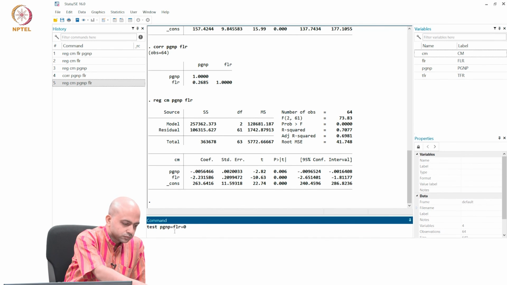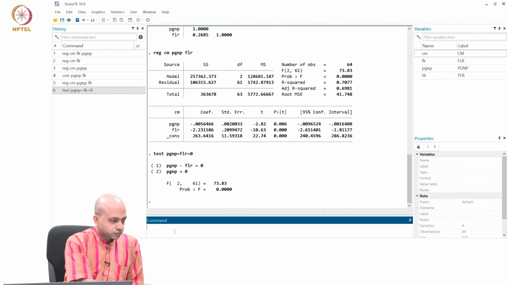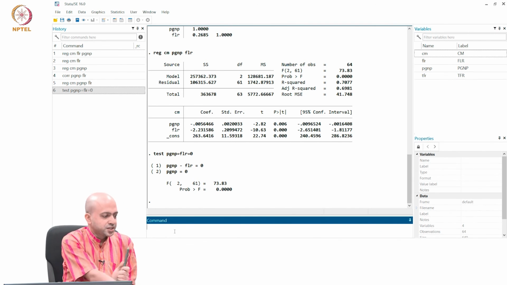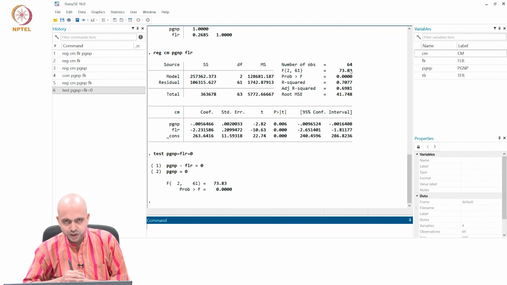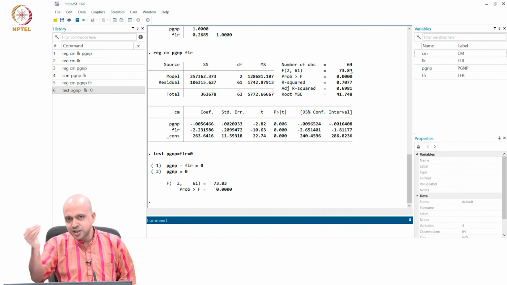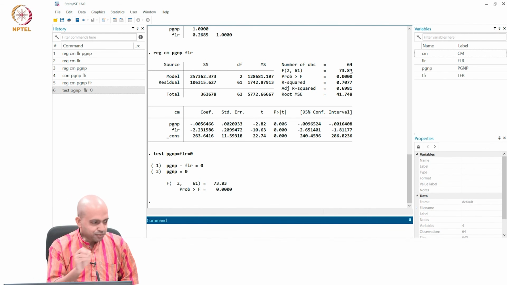If you press enter, then you see Stata is also reporting the F-statistic and the value is exactly the same. What we computed manually by taking ESS by its degrees of freedom, RSS by its degrees of freedom, and then the ratio, the same value arrives if we put the test command in Stata.